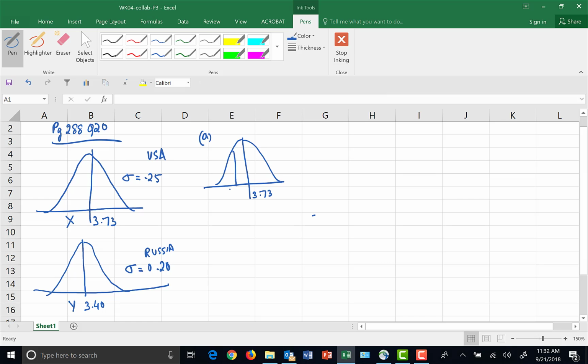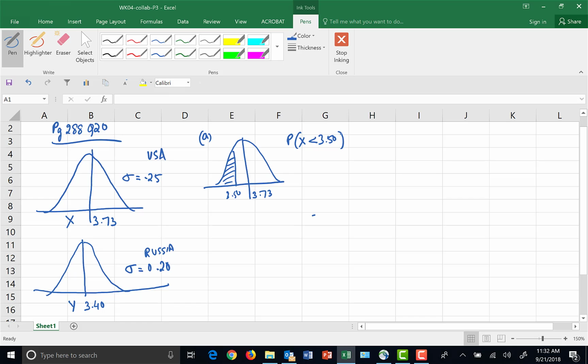So here's approximately $3.50. So I want to know the probability of X. X is the price of gasoline in the United States. I want the probability that X is less than $3.50. So just like for the uniform distribution, I have shaded the area that I need. So I want the area to the left of $3.50.